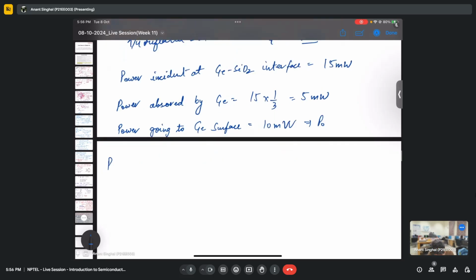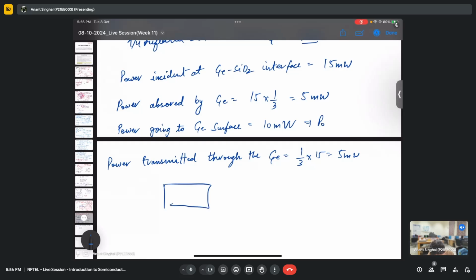And the power transmitted, it is saying one third. The power transmitted through the germanium is one third of 15, I mean, it is 5 milliwatt. So basically, we have now germanium incident is 10 milliwatt, coming out is 5 milliwatt.